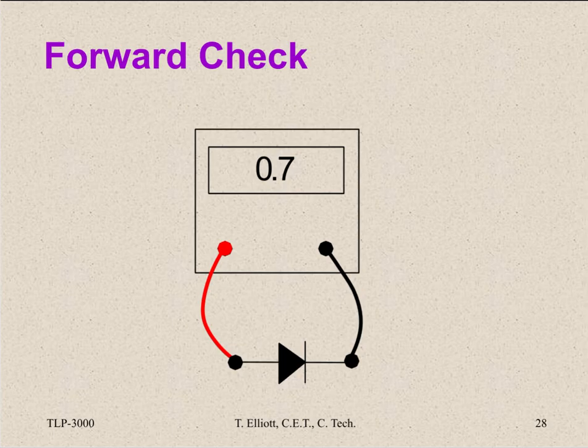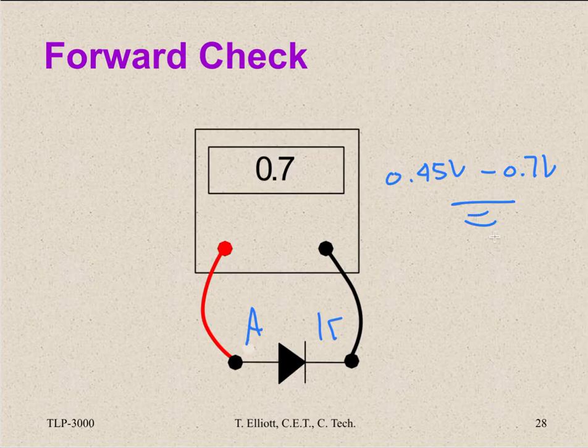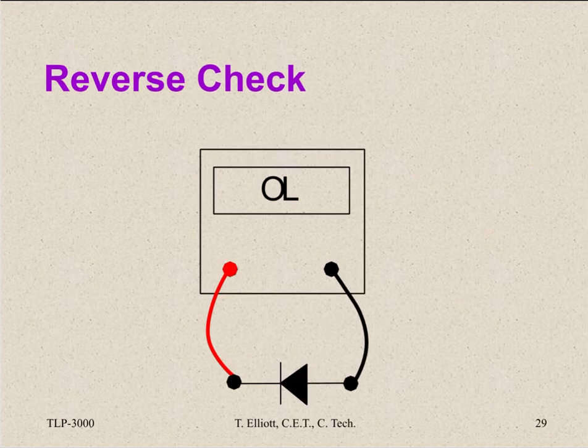It starts to turn on earlier, maybe as low as 0.45, but basically, if you put the positive lead on the meter onto the anode side, and the negative lead on the cathode, if you get something, very, very rough, then you know it's forward biased, it's working. That's what you expect. If you reverse bias it, that means the lead placement is like this.